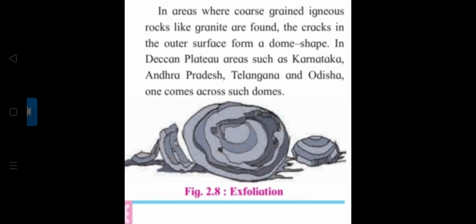Now, what is granular disintegration? It means that the mineral grains break free individually from the rocks. I showed you that in figure 2.5. They have given you a picture of granular weathering.